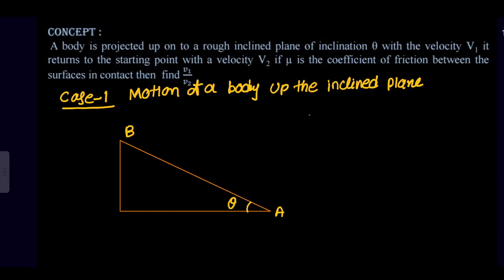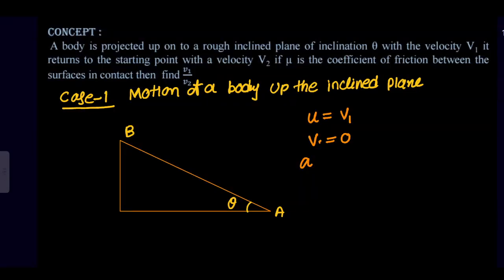So what is the initial velocity of the body? v1. Final velocity: when the body reaches point B, the highest point, the final velocity is 0. Next, the acceleration: the body is moving in which direction? Up the plane.